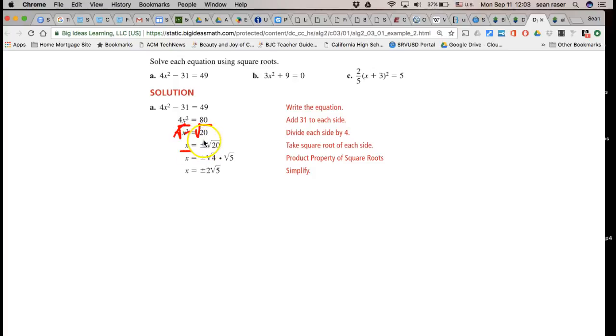This is something to remember from Algebra 1 when you learned properties of square roots. When we're trying to find a solution for a variable and we take the square root of both sides, we always have to account for both the positive and negative solution.